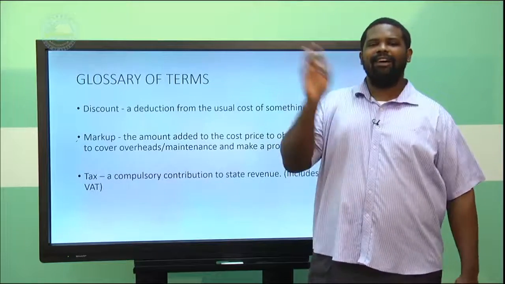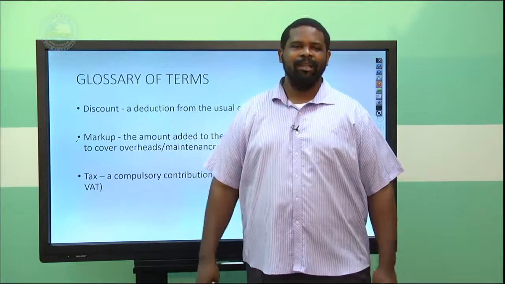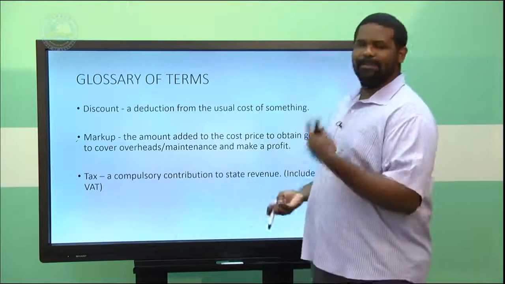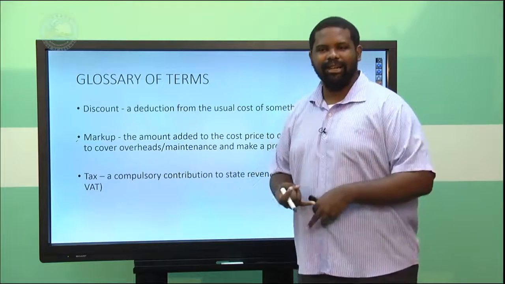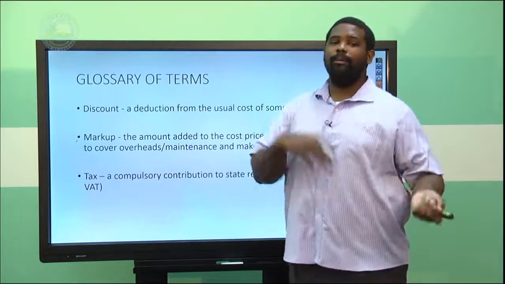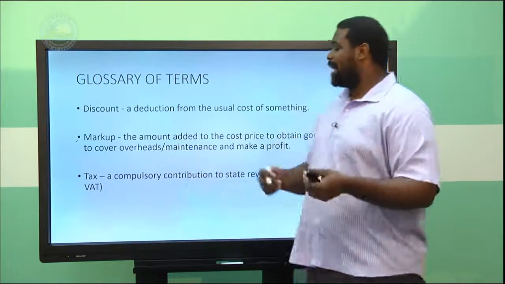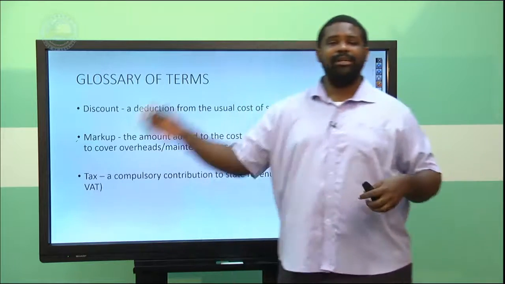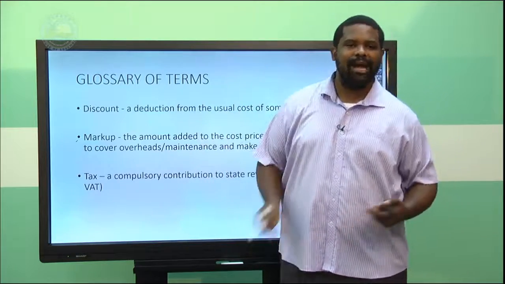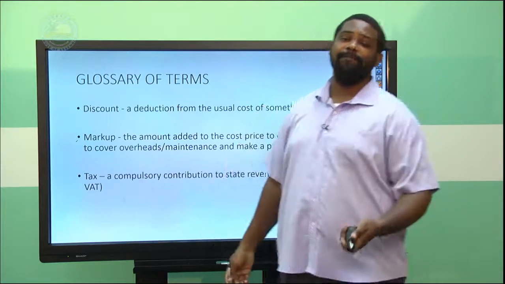But then that Cricks is on your shelf for 3 months. Then that Cricks is taking up space. Of course, there's storage, you have to be cleaning the shop, there's electricity, there's so many other costs involved. As a result, we have a markup to deal with these additional costs and also make a profit on the item.